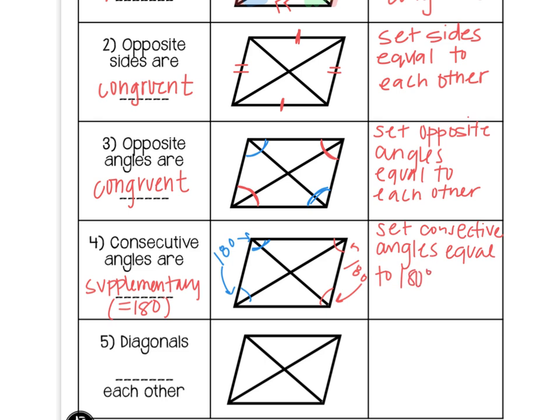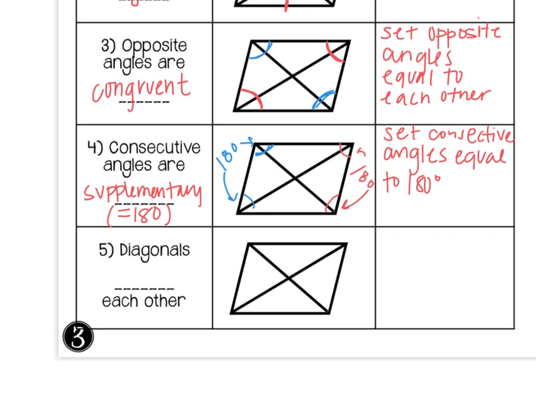Okay, and our very last property is diagonals bisect each other. So our diagonals, I'm going to highlight in red. These are my diagonals. They bisect each other, so when they cut, they have the same measure. So these two segments are congruent to each other, and these two segments are congruent to each other.